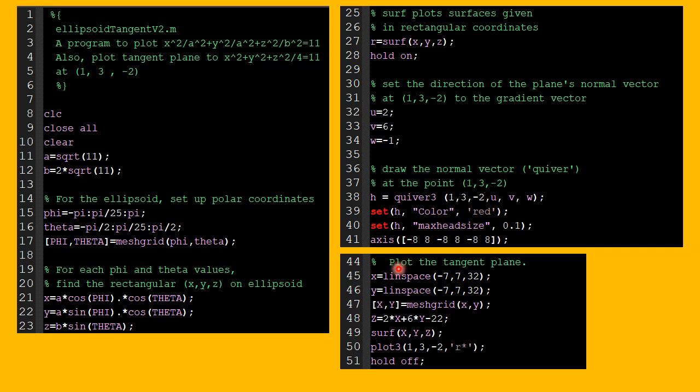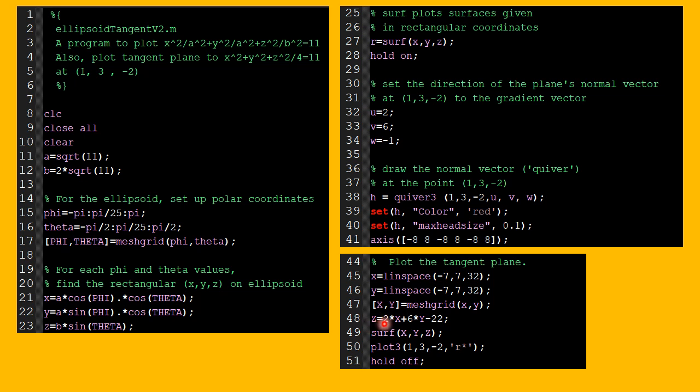Also, let's plot the tangent plane. So let's let x be the following one-dimensional array. x equals linspace from -7 to 7, 32 steps, equal steps between here and here. y will be similar, and then xy will be meshgrid of xy.